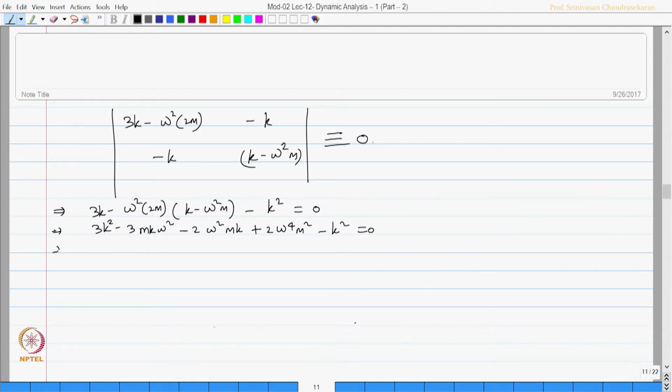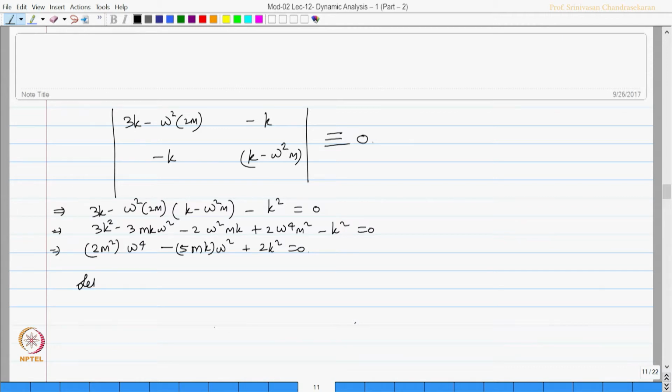So, rewriting, 2 m square of omega 4 minus 3 plus 2, that is 5 m k of omega square plus 2 k square is 0.